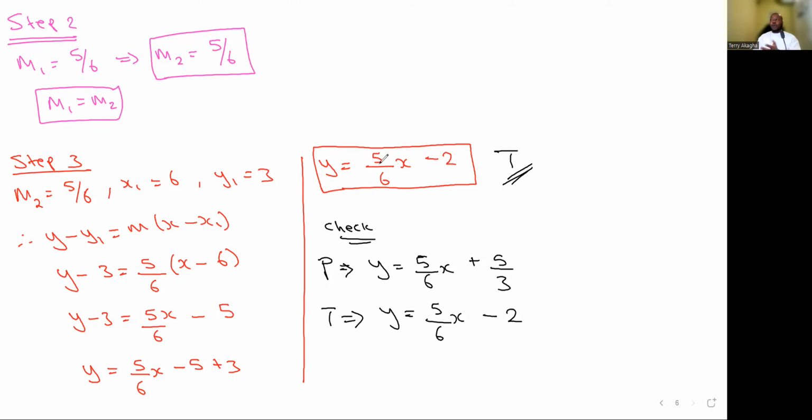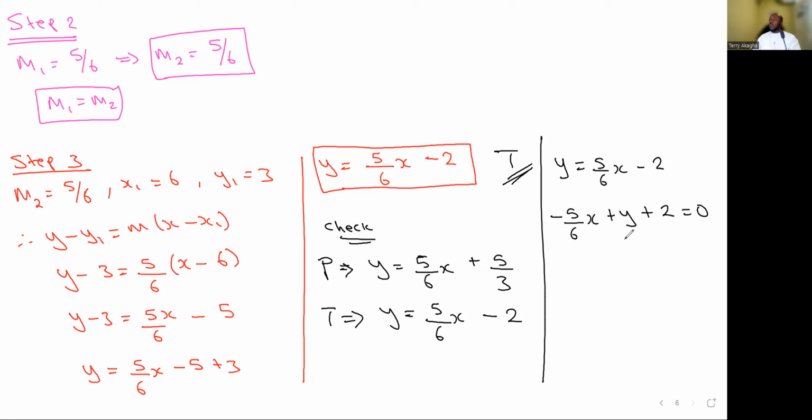Also, as I told you, you could be asked to leave your answer for line T in the standard form. So that means you take it all to the other side. And if they ask that A, B, and C are integers, then you have to multiply by the denominator. So for example, if we're asked to leave this in standard form, we have y is equal to 5 over 6x minus 2, okay? I'll take x to the other side. It's going to be minus 5 over 6x plus y. Take 2 to the other side. It's going to be plus 2 is equal to 0, all right?